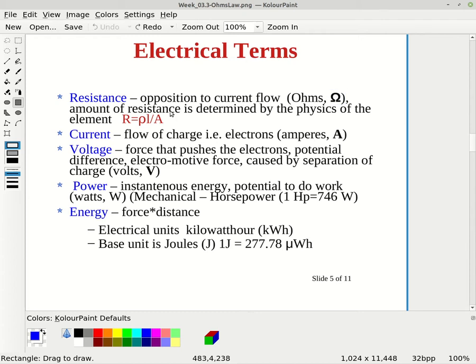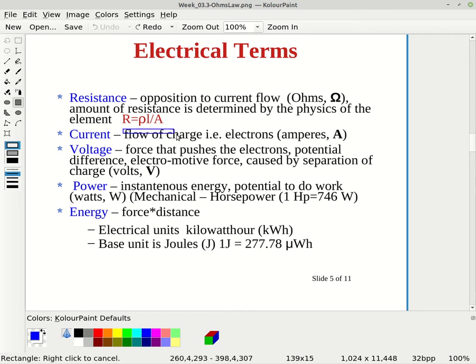And the resistance is actually based on the physical properties of that device or element within a circuit that we're concerned about. And so we have the resistance, we have rho, which is the resistivity depending on the property of the material, the length of the material divided by the cross-sectional area of the material.